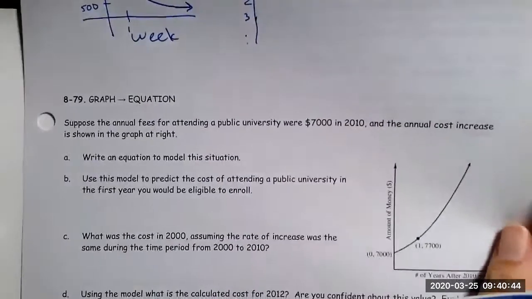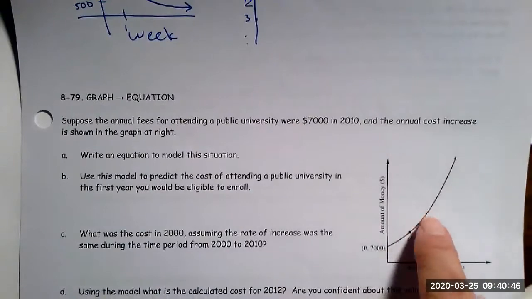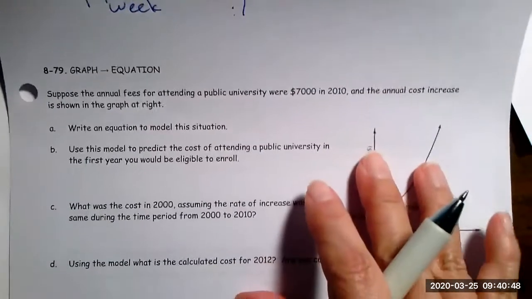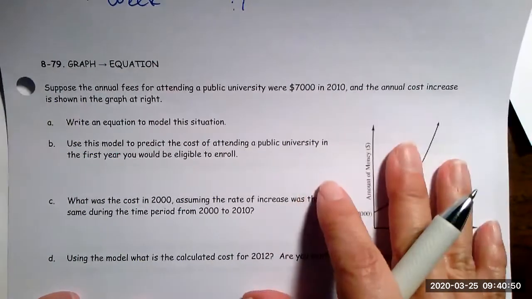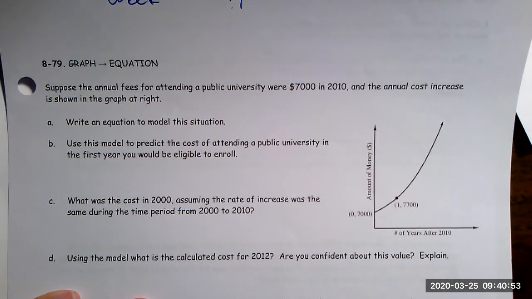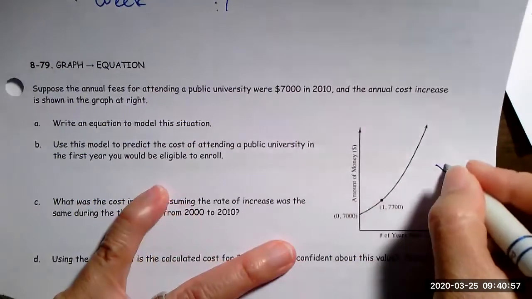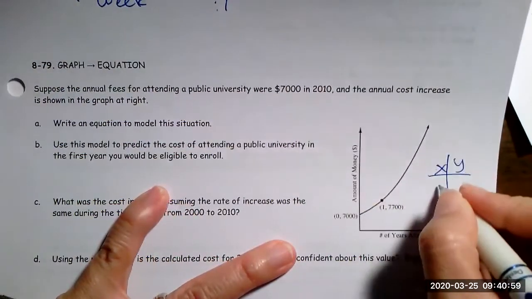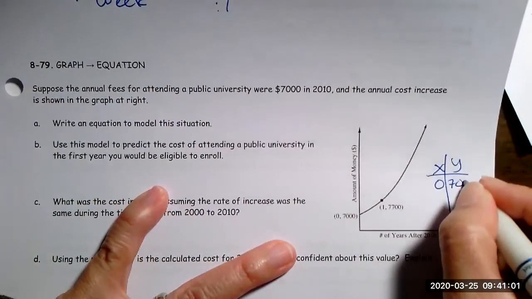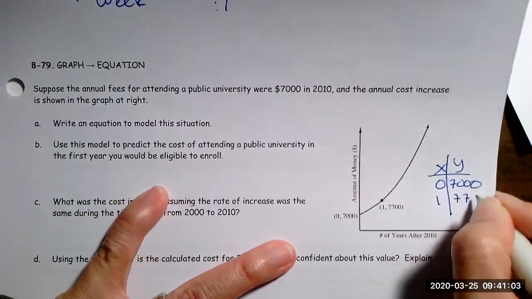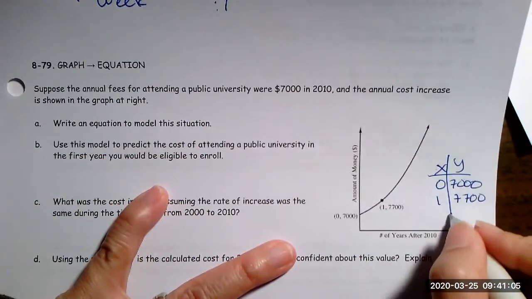All right, number 79, going from a graph to an equation, and we've already done a little bit of that. In order to get from a graph to an equation, what I need to do is have some sort of a table. So day 0, I have 7,000 fish. On day 1, I have 7,700 fish.